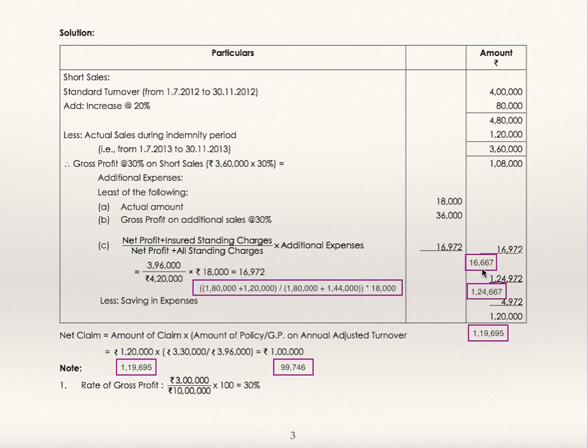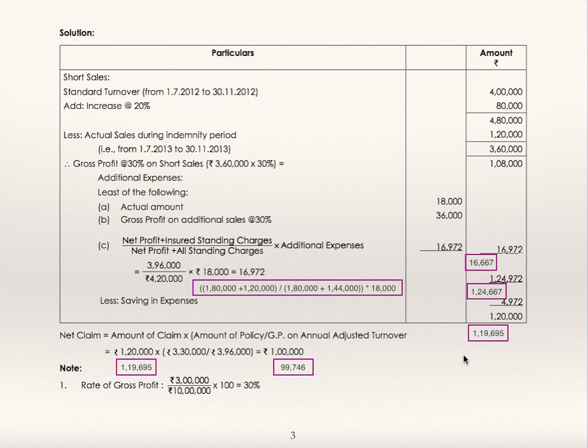So the correct answer is 16,667. You need to add this to 1,08,000 minus saving in insured standing charges. This is of course correct, 4,972. Your gross claim is 1,19,695.